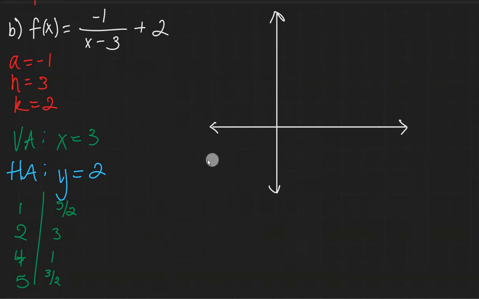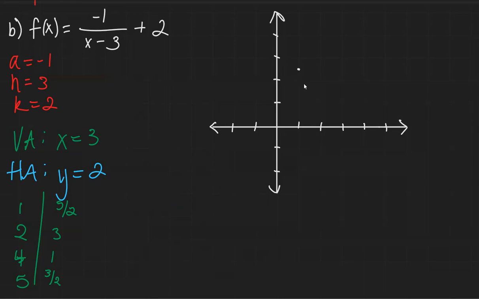So let's go ahead and plug that stuff in. We'll scale this by ones, using all quadrants here, but mainly the first quadrant, because if you notice all our values, that's where it's going to be. So 1, 5/2. 5/2 is 2.5, so right here.